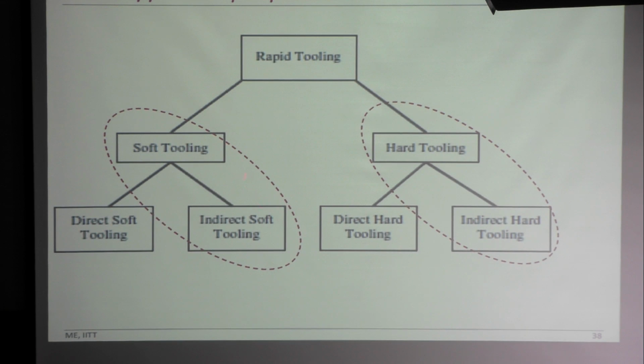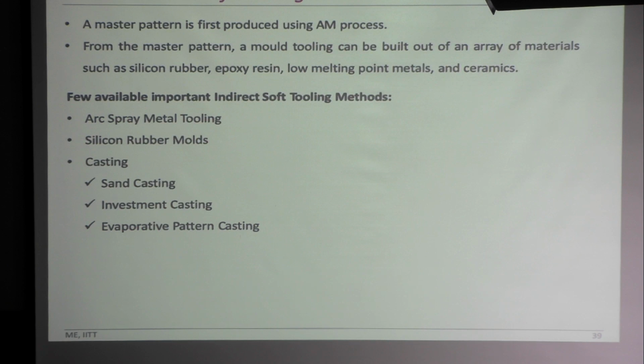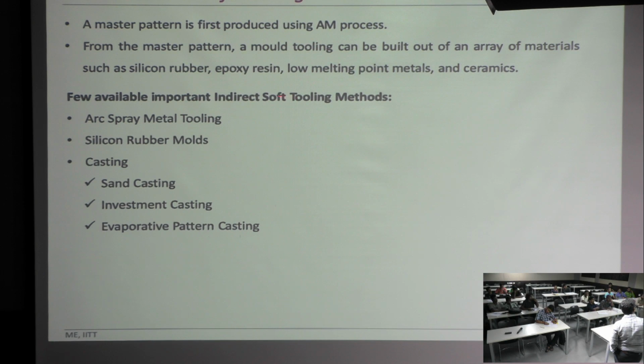So we talked about indirect soft tooling. Now, indirect hard tooling. In indirect soft tooling, the master pattern is prepared, and the master pattern is used to make multiple components by using materials such as silicon rubber and epoxy resin.